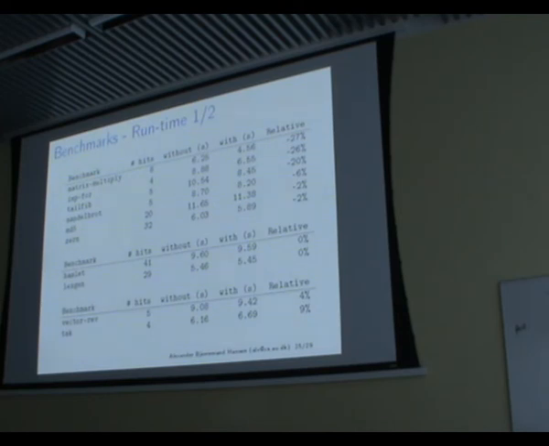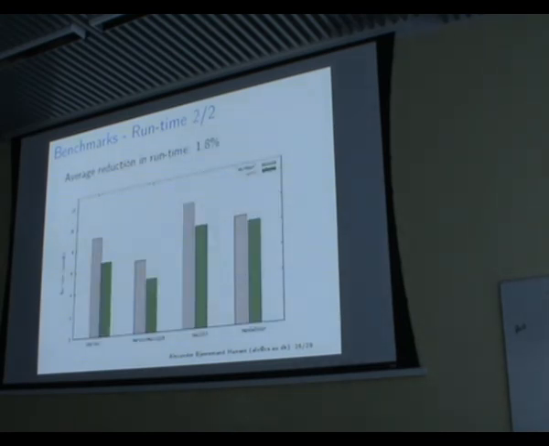We haven't looked at that more, but we have reduced the number of operations, so the runtime should hopefully not increase. The average reduction in runtime is 1.8%. Here are some of the good ones. The matrix multiply reduced almost 2 seconds.